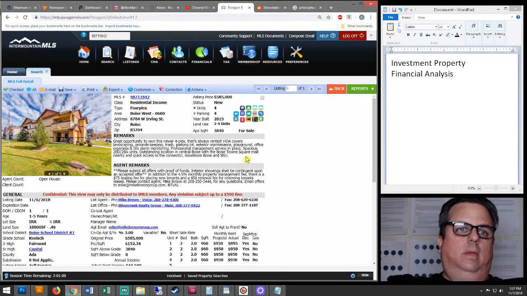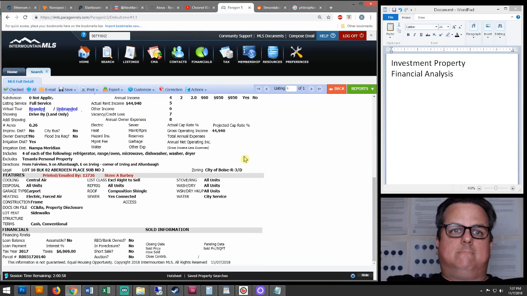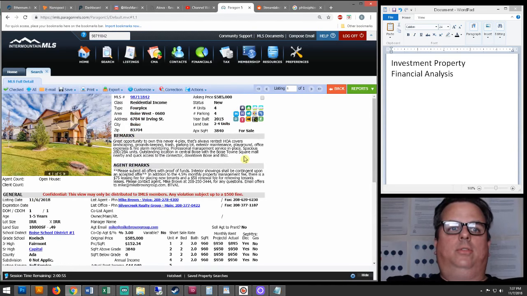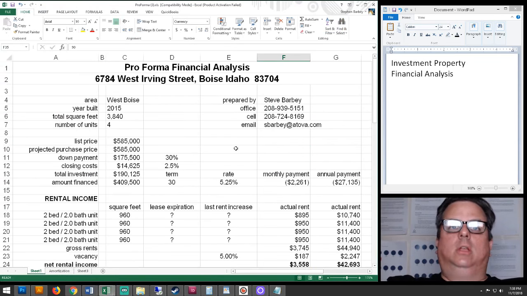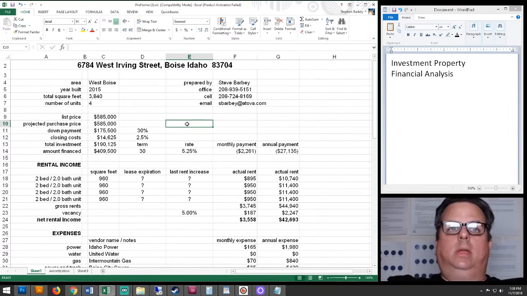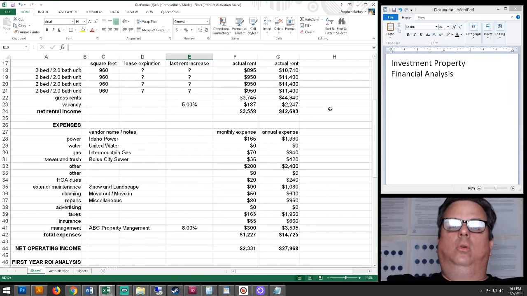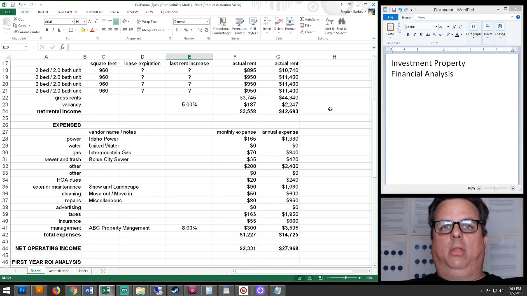So the bottom line is I have to now go to the agent that asked me to help them with the financial analysis, and tell them that the listing agent who is marketing this property has not provided enough information in the listing to be able to prepare a proper pro forma financial analysis.